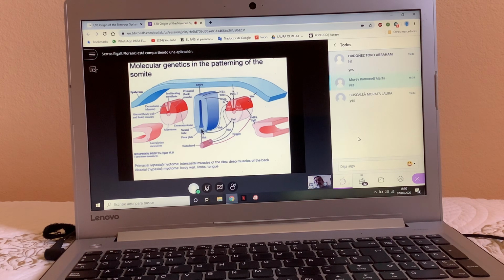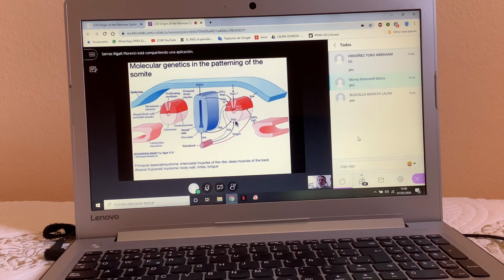And also sonic hedgehog is going to induce the ventral part of the neural tube to develop the specific part of the spinal cord. And then even some sonic hedgehog from the spinal cord is also going to be released and is going to influence the differentiation of the chondrocytes. Now, this is driven because downstream of the sonic hedgehog signaling pathway is a transcription factor called PAX1, which corresponds to one of those what we call master genes.